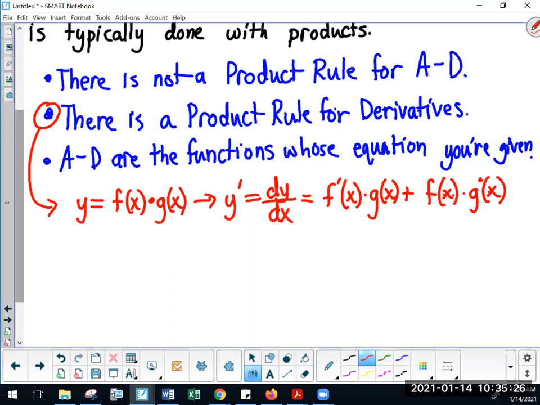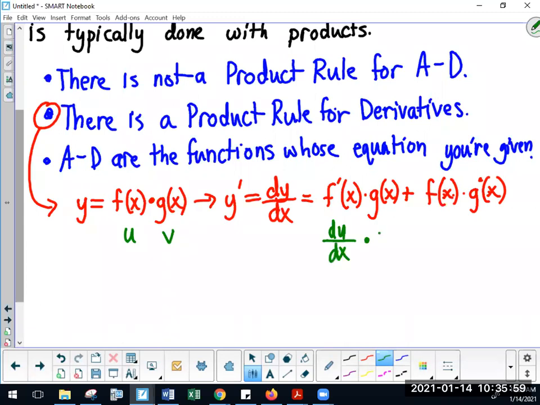I'm gonna recharacterize the notation here a little bit. So instead of doing f and g, we're gonna do u and v. That's because the formula for integration by parts uses u and v instead of f and g, okay? That's why. So f prime would be u prime, or du dx.